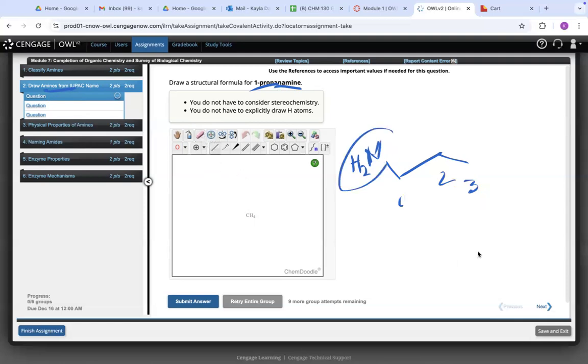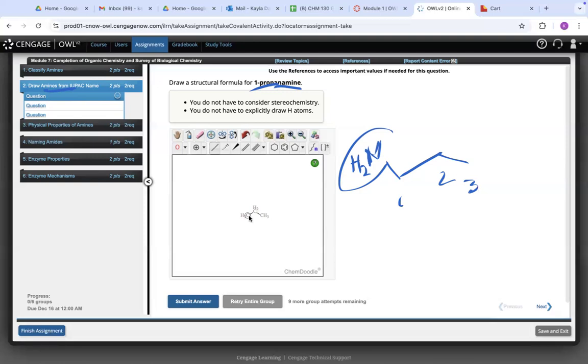So to draw, again, if you're watching this video before you watch Module 6, you're going to hit the single bond tool. You're going to hover over the carbon that it already starts you off with, hit it once. That's going to give you 2 carbons. You're going to hover over the carbon you just dropped, hit it another time. That's going to give you 3 carbons. The thing with this program is you always draw out hydrogens, everything is hydrogens, and then you come back and override later.